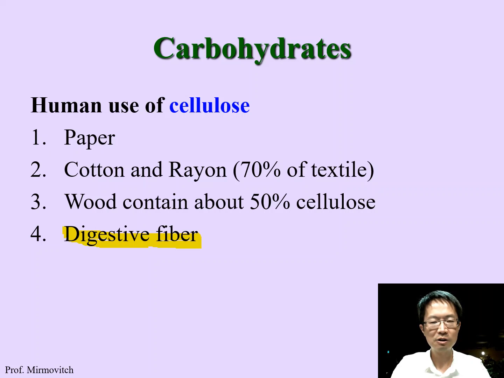How does it get rid of it? It will secrete mucus to try to smooth down the passing of the cellulose. And it is because of the mucus that our large intestine secreted that it will make our number 2 easier.